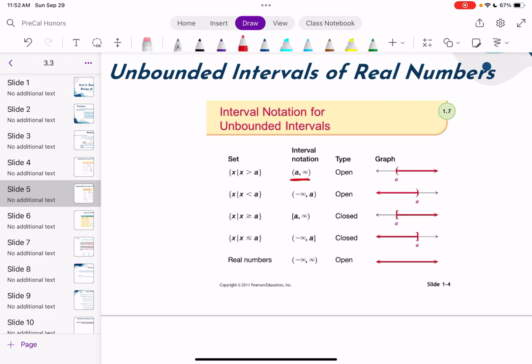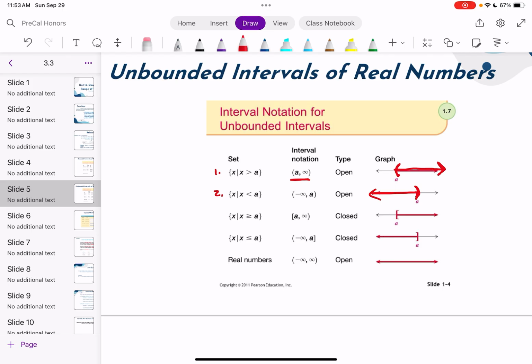This would be open because it is a parentheses and it leads to the right-hand side and it continues to go to that right-hand side. Now that can occur in either direction, opening towards the right-hand side, like in the first example, or in the second example where it's extending that parentheses to the left-hand side.